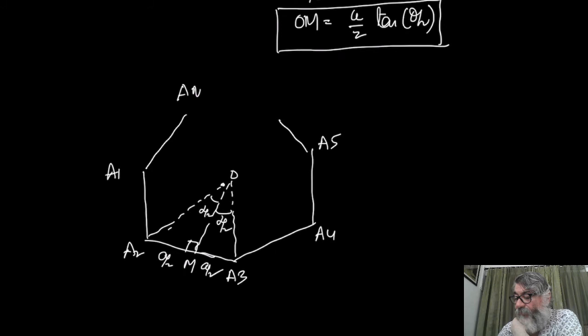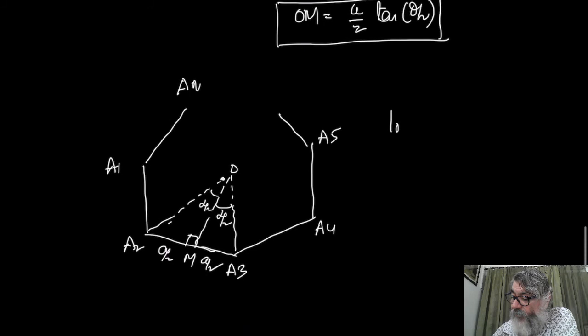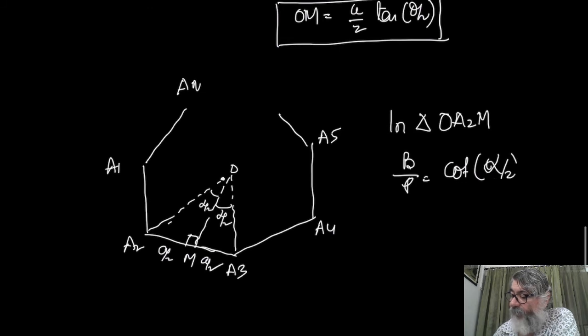So again, OM is the base, and the other side is the perpendicular. Base upon perpendicular is cot theta in triangle OA2M. Base upon perpendicular is cot alpha by 2. What is the base? Base is OM. And what is the perpendicular? A by 2.